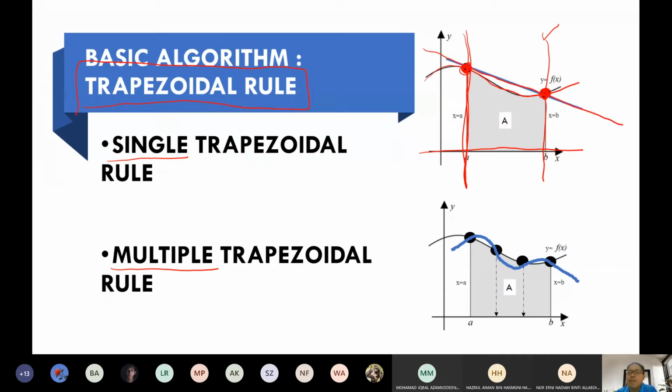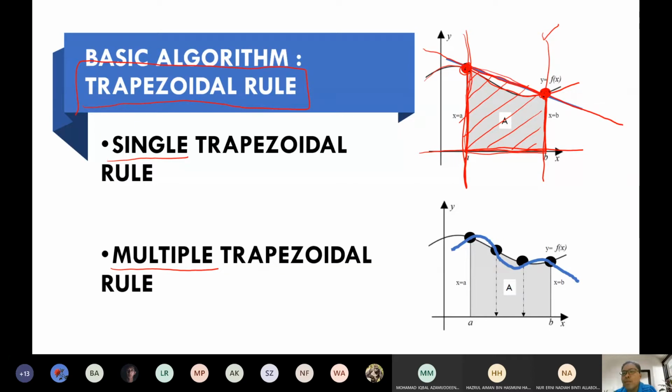Okay, so if I draw this line carefully, then you have a trapezium here. So basically, by using this trapezoidal rule, you will estimate the curve area by using this trapezoidal shape.